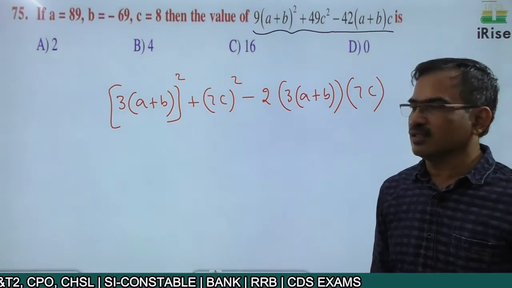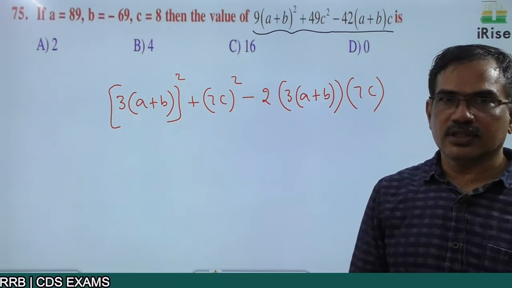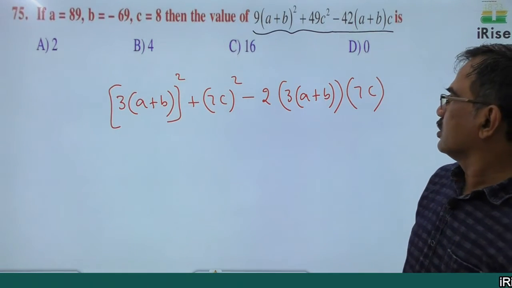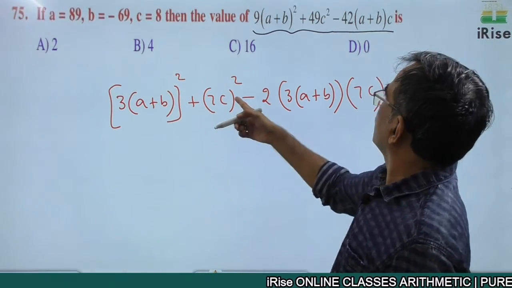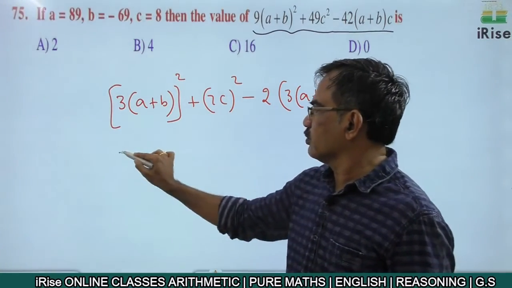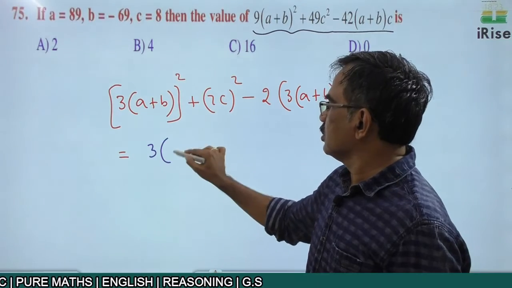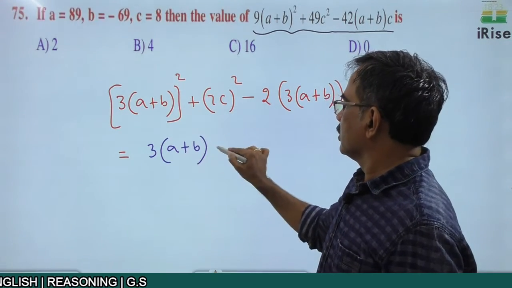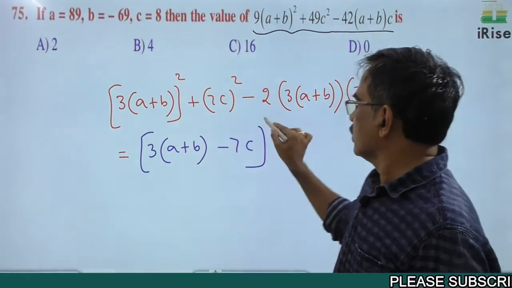See carefully, this is in the form of a square plus b square minus 2ab, which is equal to (a minus b) whole square. What is a? Here a is nothing but 3 into (a plus b), minus 7c whole square.